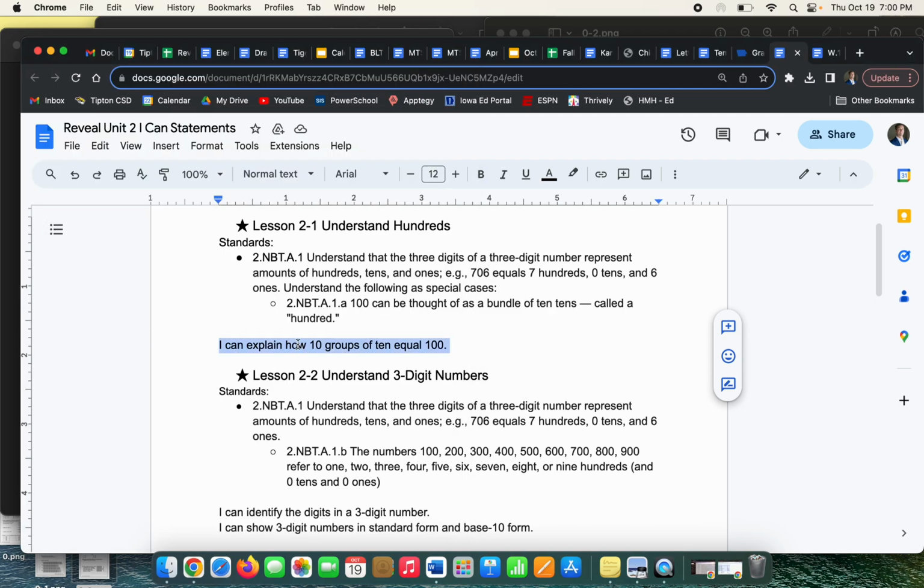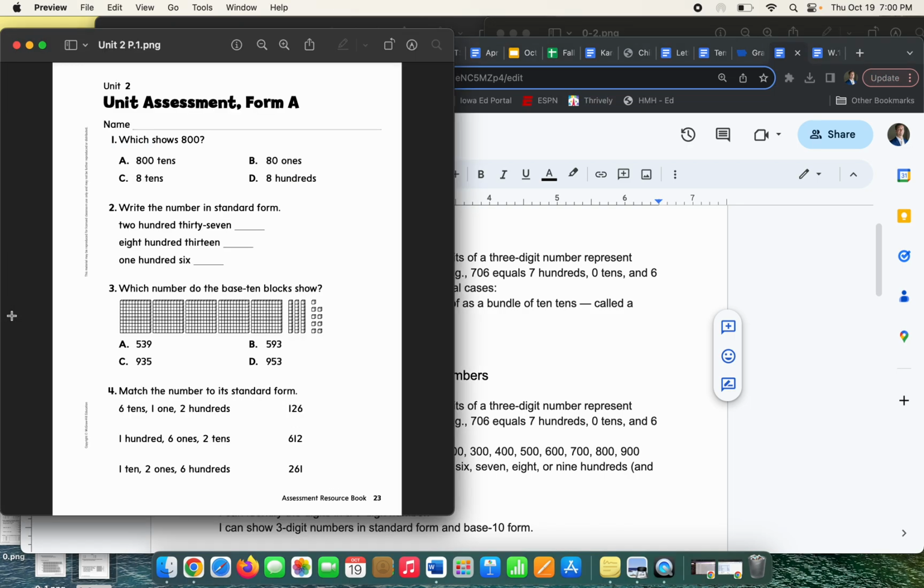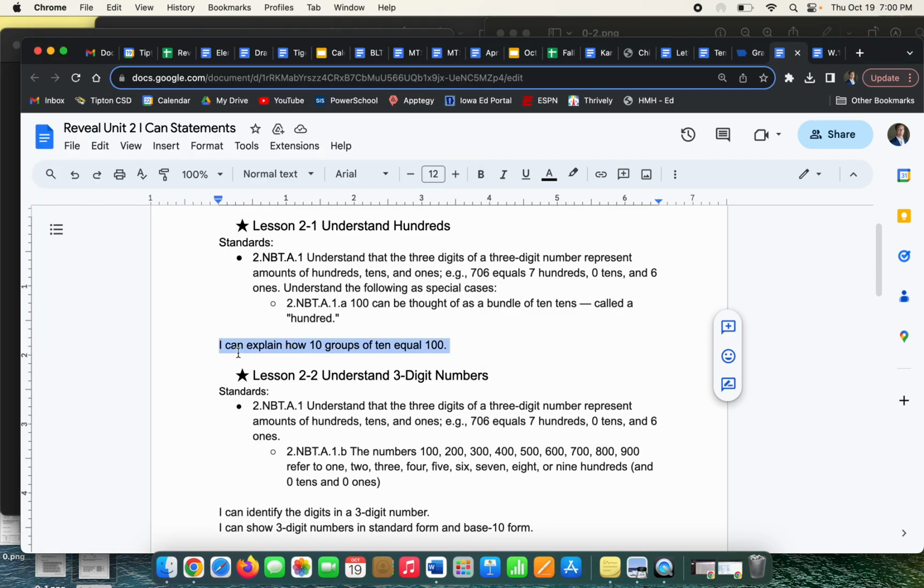So you can come back and say, okay, does this explain how 10 groups of 10 equal 100? You could make that argument, but you could also talk as a team of, okay, is there a way that we can really strengthen this question and make it to where we know for sure, yes, this is exactly what we're going towards here.